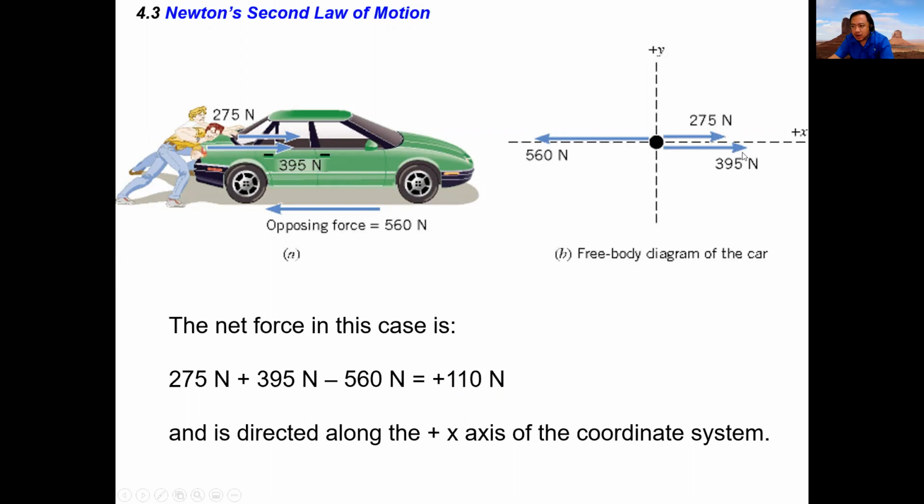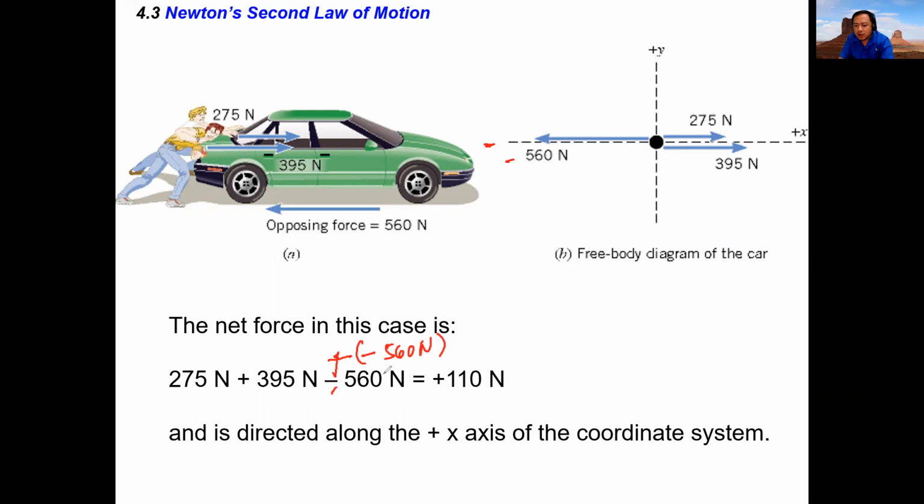So in this case, 275 newtons is to the right, plus 395 newtons is to the right as well, minus 560 newtons, which is equal to negative 110 newtons. The 560 is negative because it's in the negative x direction.